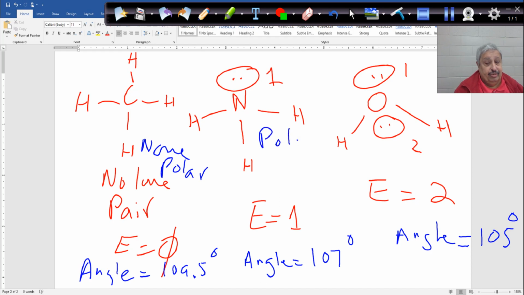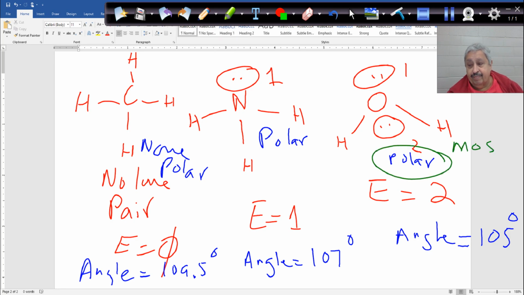We said polar because it has a lone pair. This is polar. But which one is more polar than the other? This is most. This is least. So what is the conclusion here? The higher the number of lone pairs, the higher the polarity. So let's do the conclusion here.